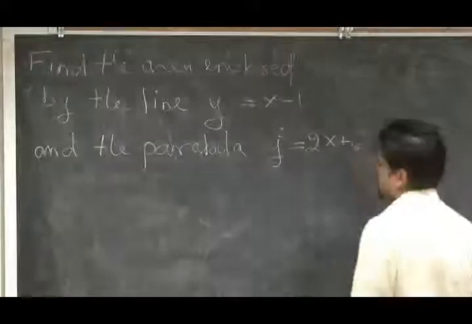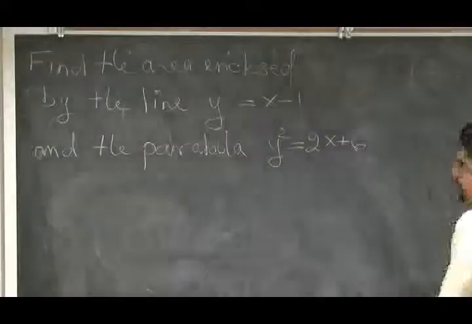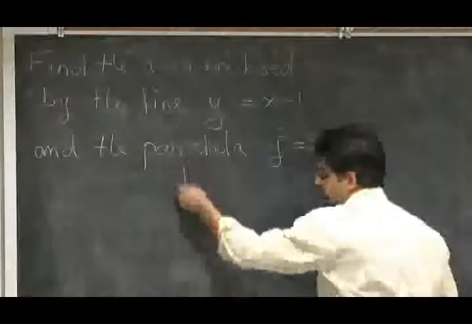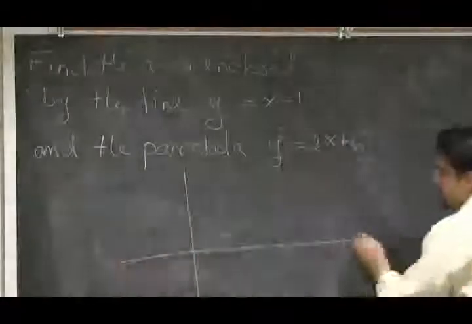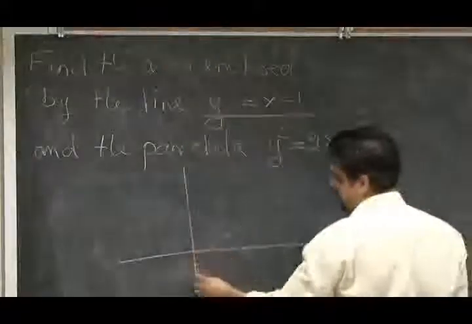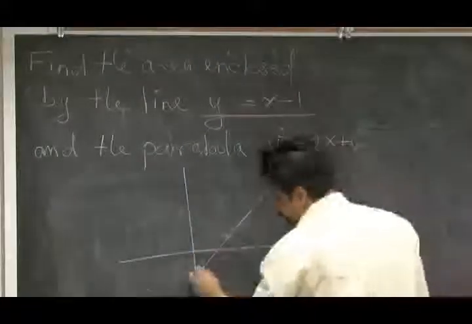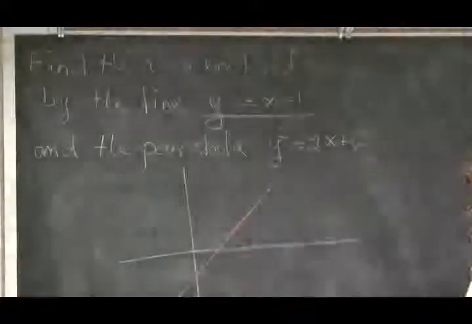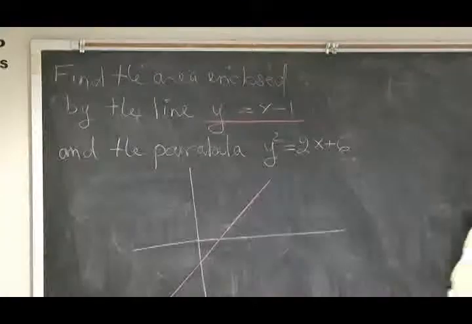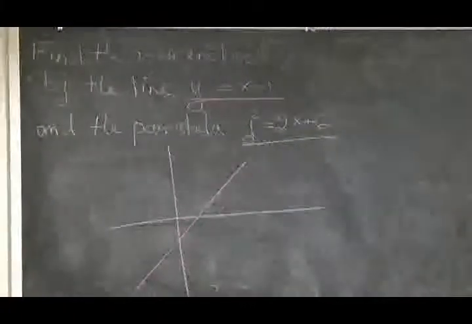All right, so we have to graph this setup over here. Now, this one in pink is not hard to graph. It's a line through the point -1, 0 with positive slope, slope 1. Now the parabola, the quadratic is in y, so it's a parabola that opens left or right.